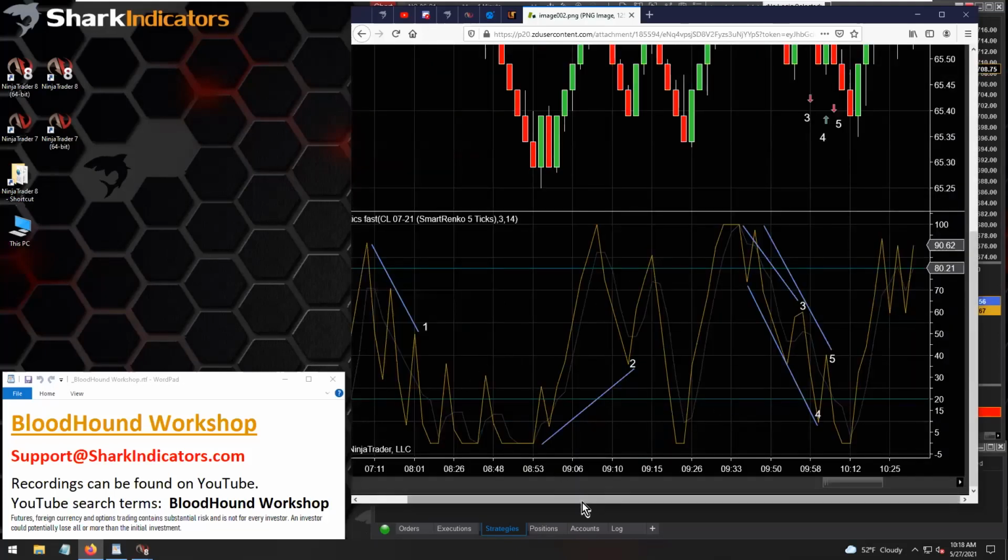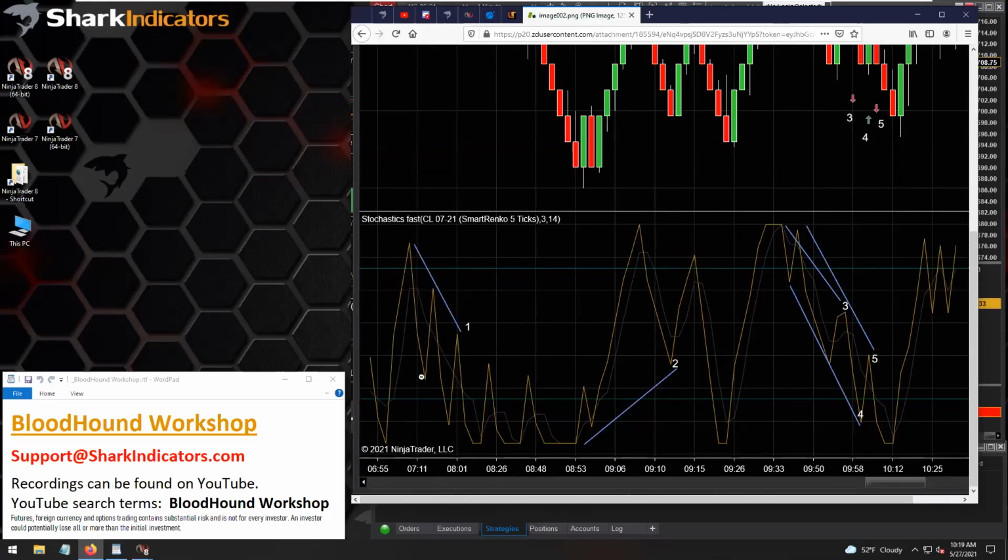So wouldn't there be a long signal right below 1, it seems like? Dan, that's what I'm trying to get at, this difference in sloping direction here between 2 and 4.